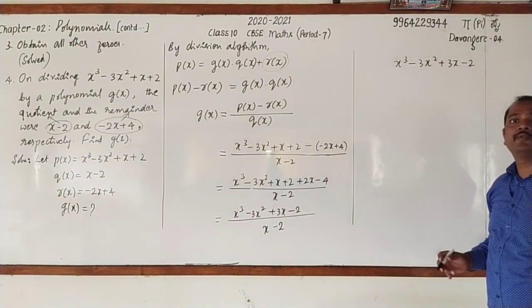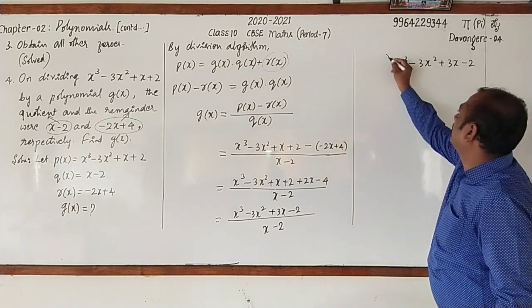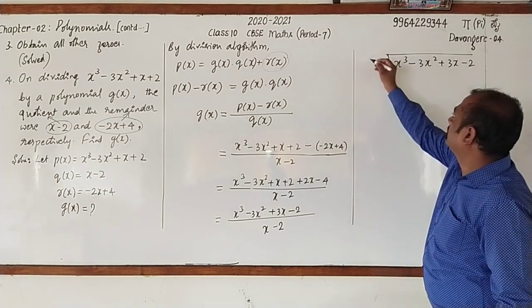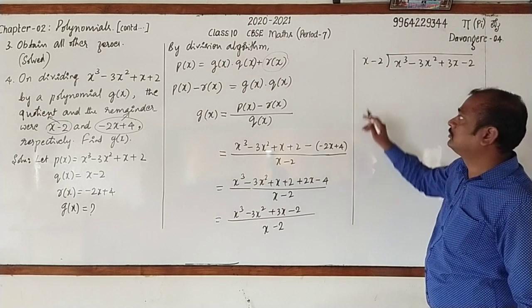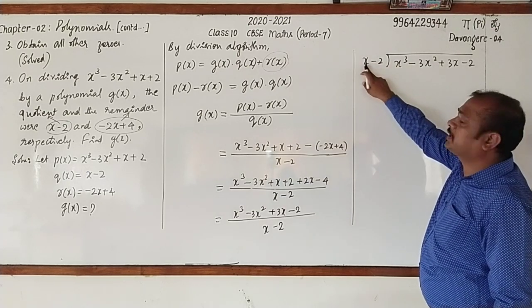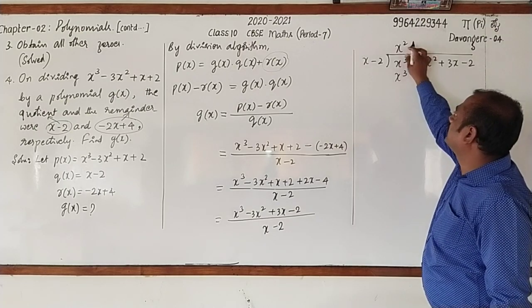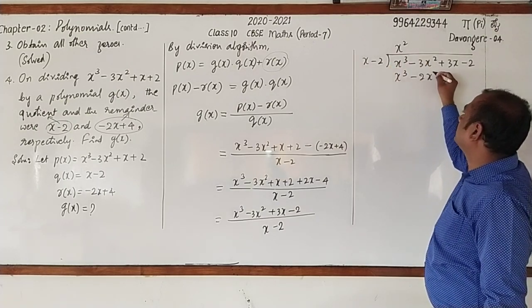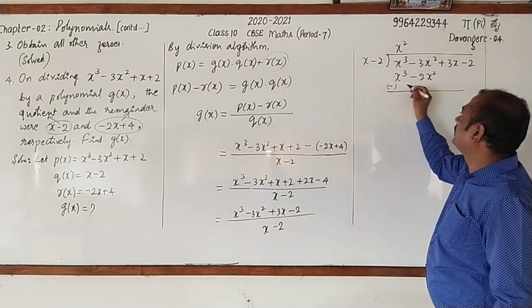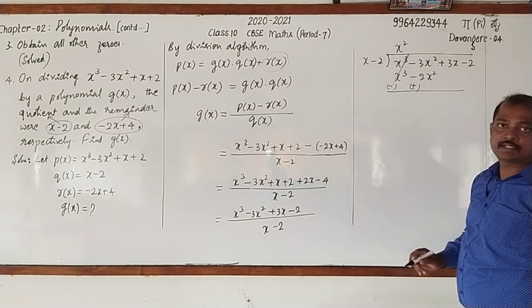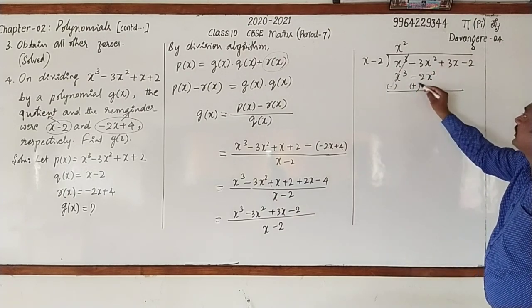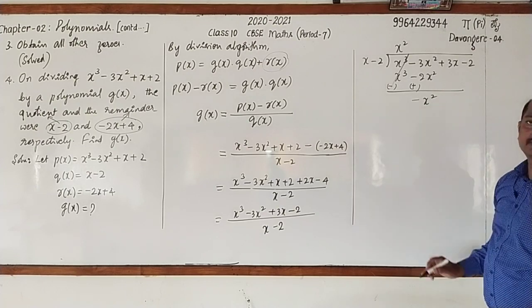It is in standard form, no term is missing. And the divisor is x minus 2. What should be multiplied with x? X square. X square into x, x cube. X square into minus 2, minus 2x square. Change the sign. Minus plus, get cancelled. Minus 3x square plus 2x square, minus 1x square.